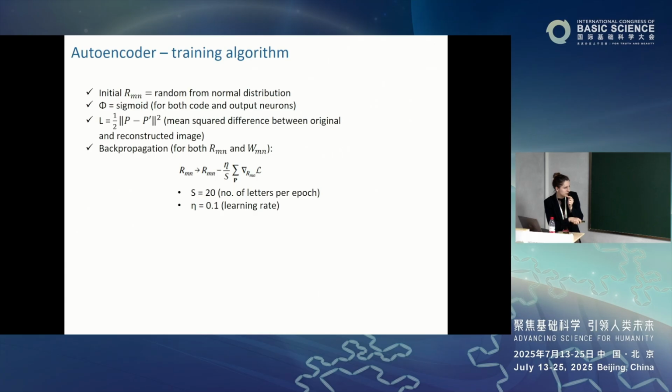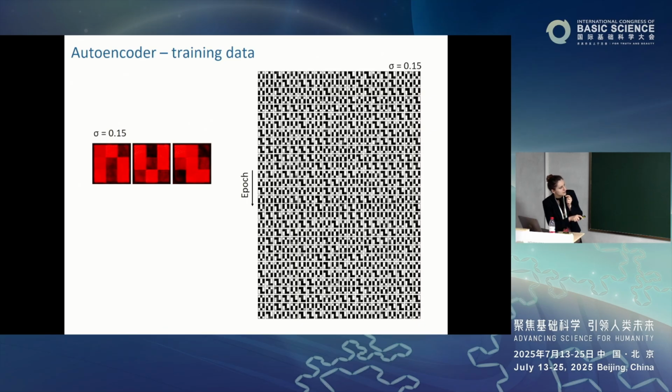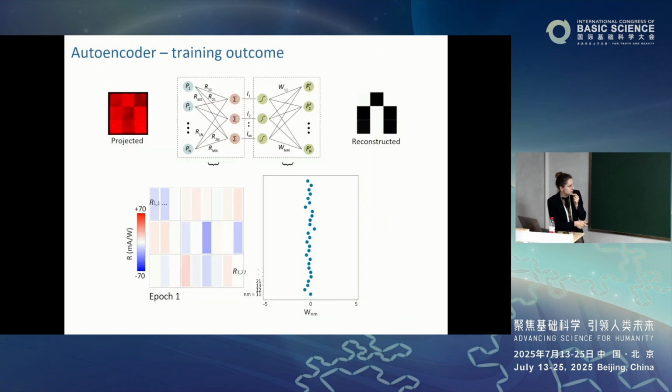Once again, 20 pictures per learning epoch, and the learning rate was 0.1. These are pictures I put in because they look so nice. For the autoencoder, we used a standard deviation of 1.5. But later, after we trained it, it understood images that were even noisier, which I'm going to show.